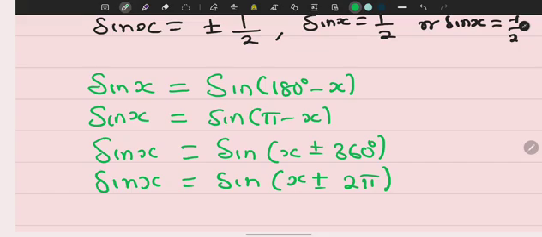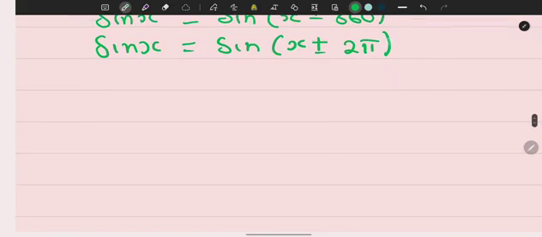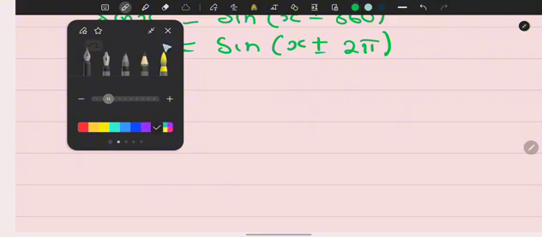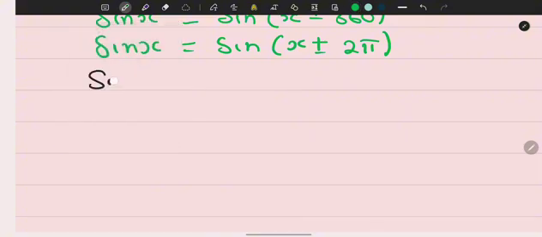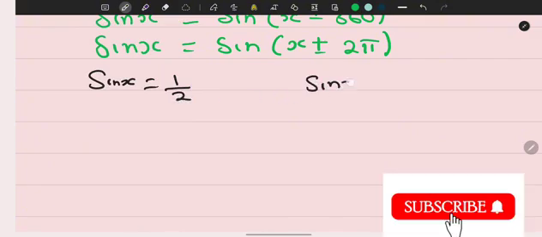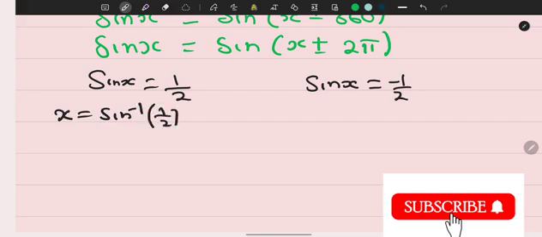Now let me go back to the values of sine x that we obtained. Don't forget we obtained two values for sine x, which are sine x equals 1 over 2 and sine x equals minus 1 over 2. I will start from here. To get x, you take sine inverse of 1 over 2.